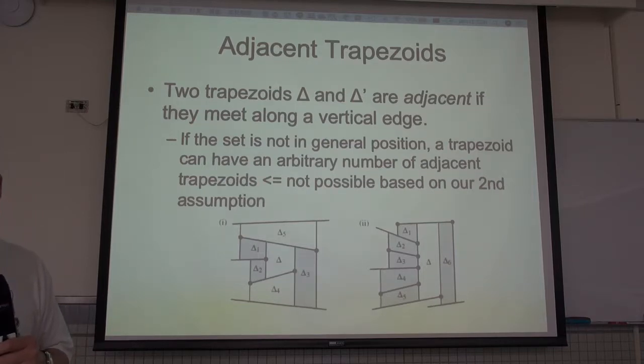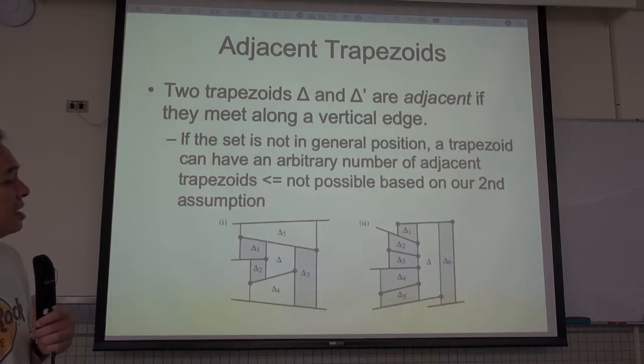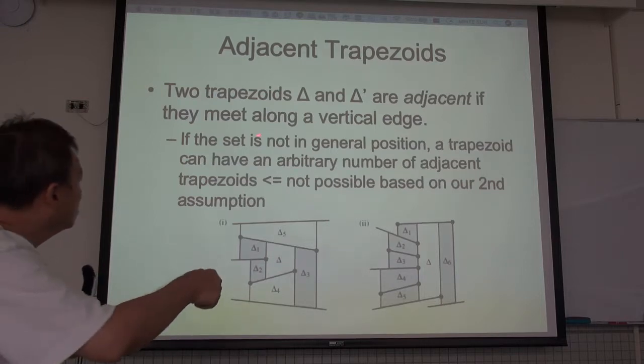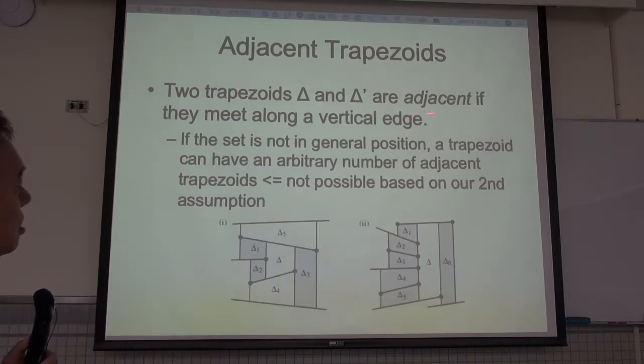Two trapezoids are adjacent if and only if they share either the left boundary or the right boundary. They meet along the vertical edge.